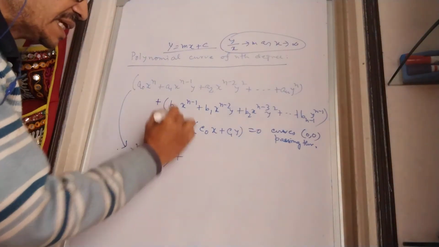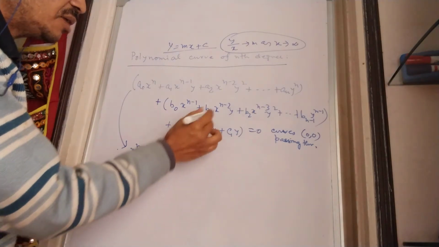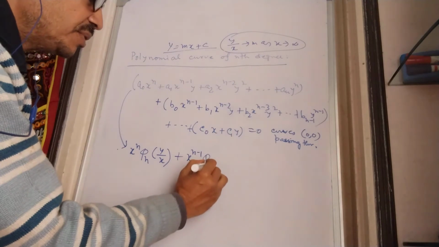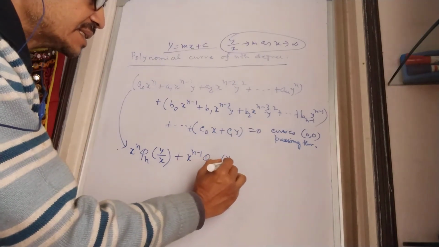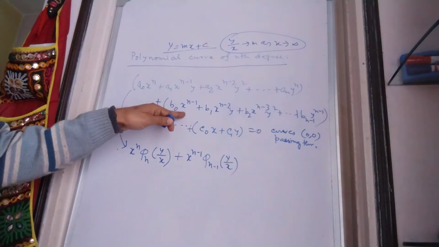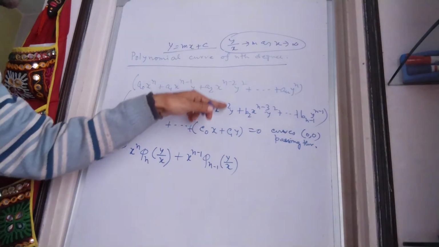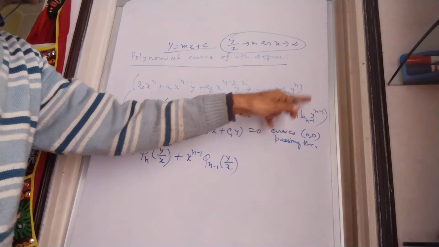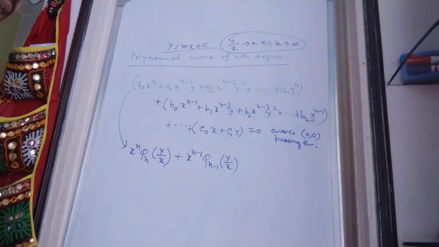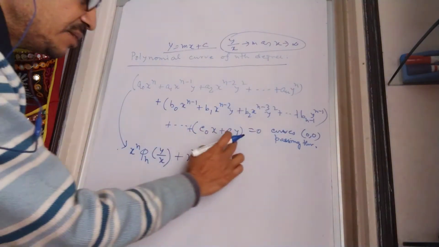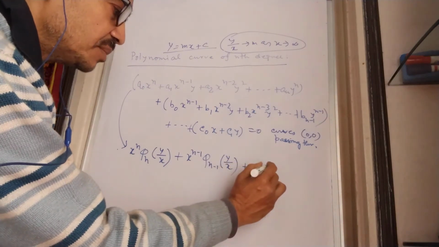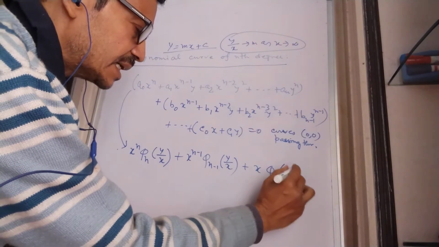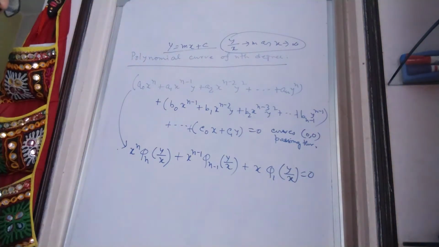Similarly, for the next term, if we take out x to the power n minus 1 from each term we have phi of n minus 1 of y by x, because the term starts from b0 and then it is b1 y by x, b2 y by x whole square, and ends at bn minus 1 y by x whole to the power n minus 1. Similarly, if we take x common from the linear term, we would have phi 1 of y by x, that is the linear term involving y by x.